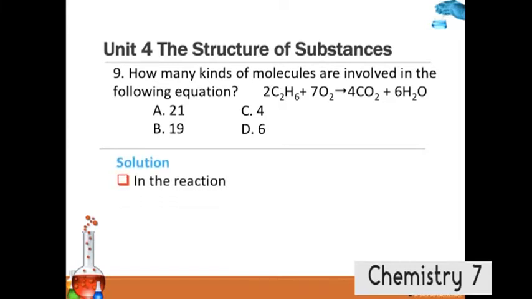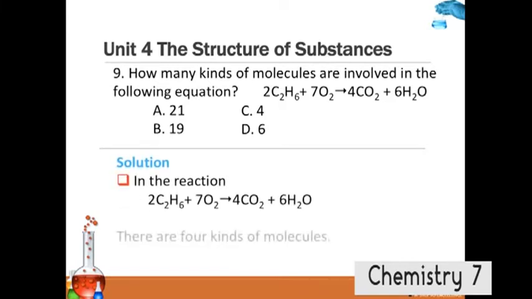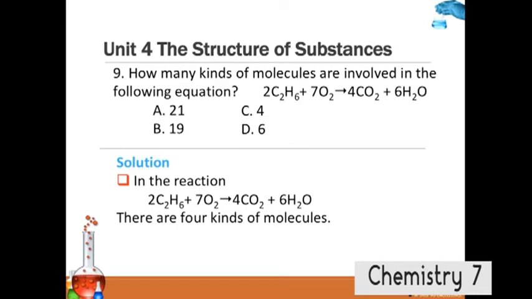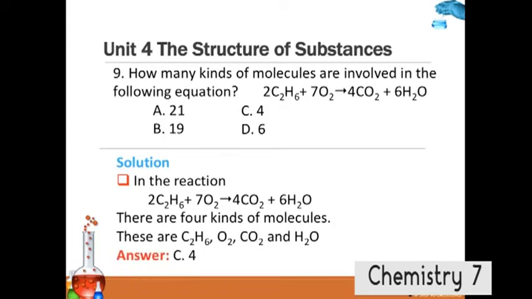In the reaction, there are 4 kinds of molecules. They are C2H6, O2 or oxygen, CO2 or carbon dioxide, and H2O or water. The answer is 4.